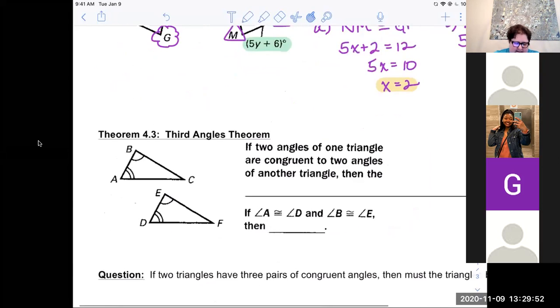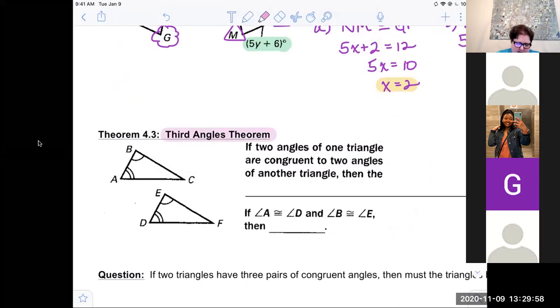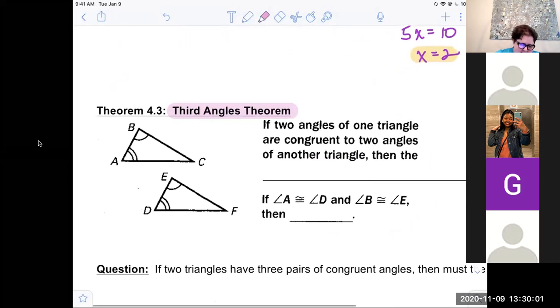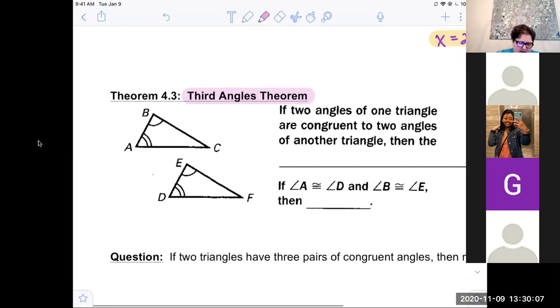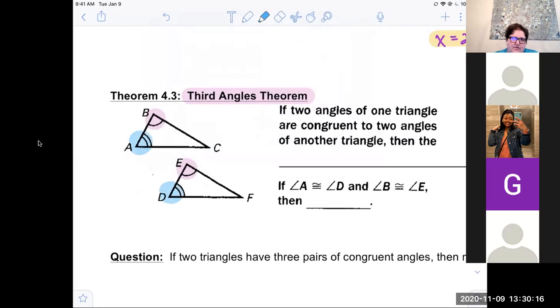Okay. Next idea is the third angles theorem. This is what the third angles theorem says. If you're given two triangles and two pairs of congruent angles, see how B and E are marked congruent and A and D are marked congruent.